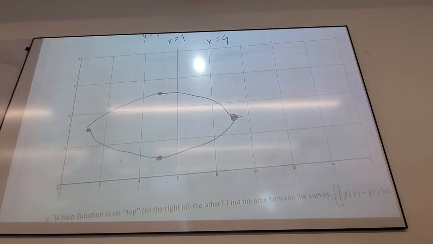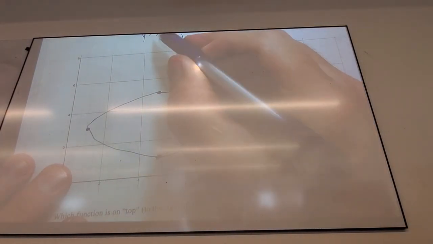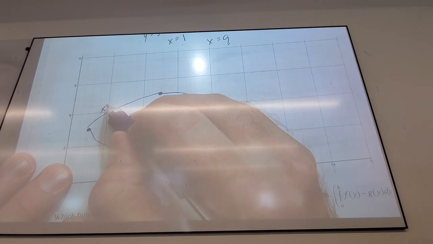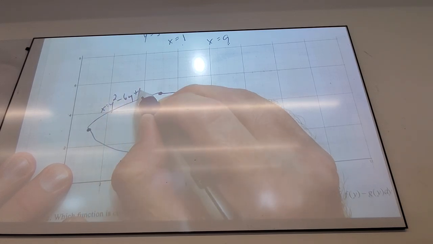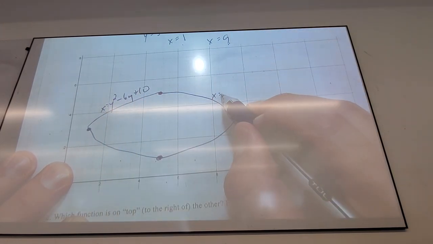So I want to find the area between those. Top and bottom are weird here, but the idea of top is the one that has the bigger output. Which parabola? I should have kept track of which one was which. This one is here, this one is here.